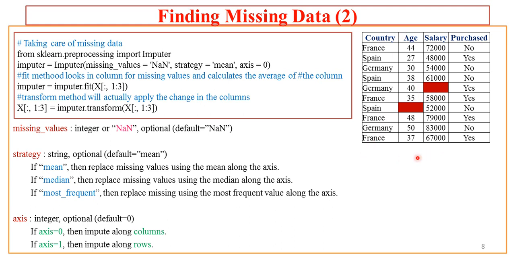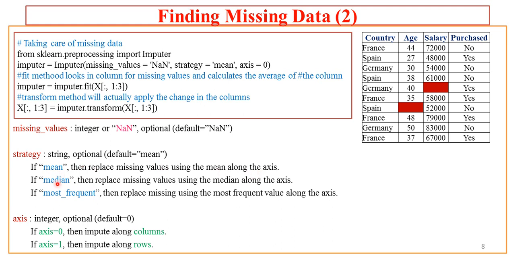Here we are basically referring to x and y axes, but those axes are referred to as 0 and 1. So axis equal to 0 stands for column, and axis equal to 1 stands for rows. So what we mean to say for strategy mean is that you have to replace all the missing values of that particular column.